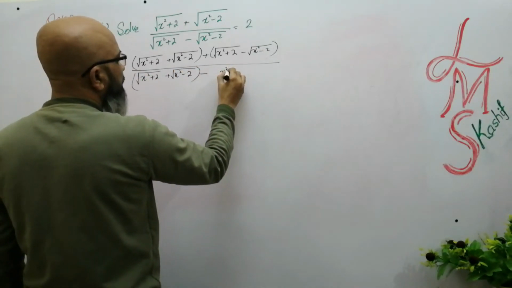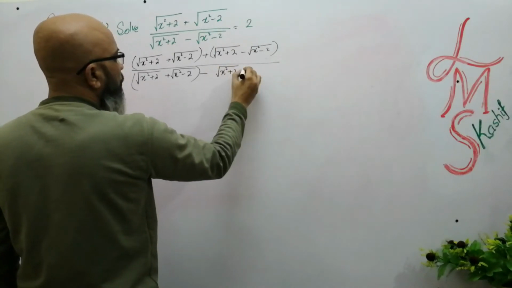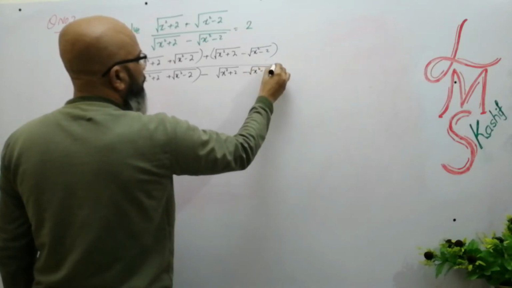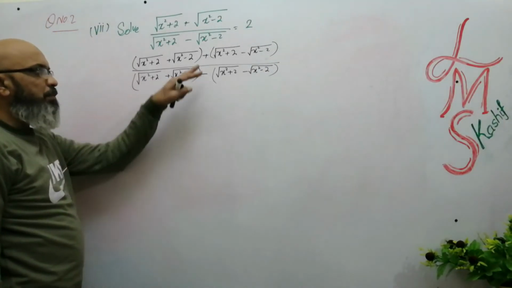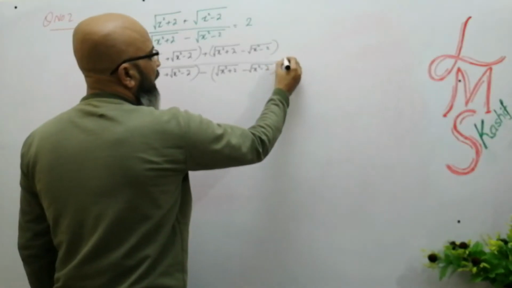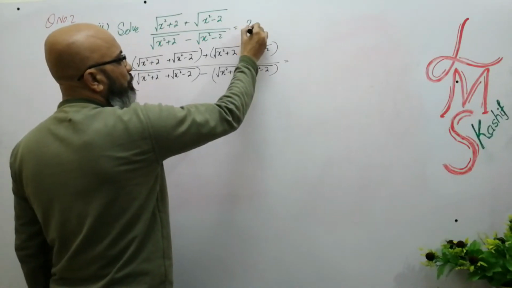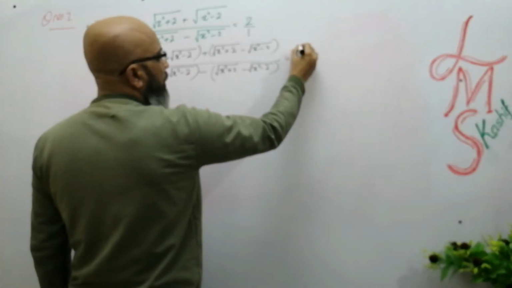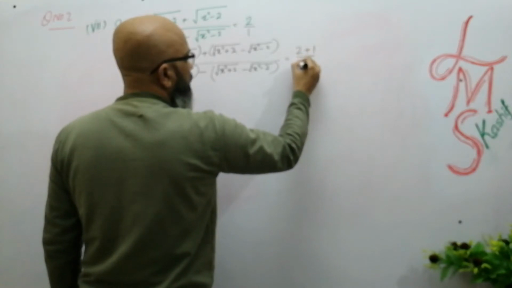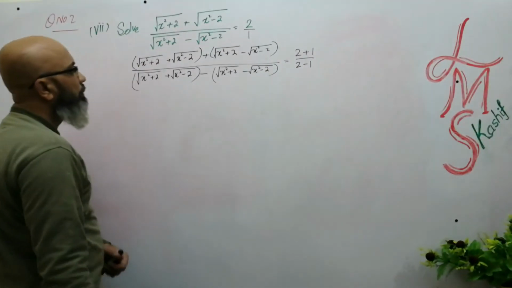So open the brackets, there is plus, so no change in the signs, then minus will change the signs. Right hand side also apply. What is the denominator? 1. So what is componendo dividendo? 2 plus 1, 2 minus 1.